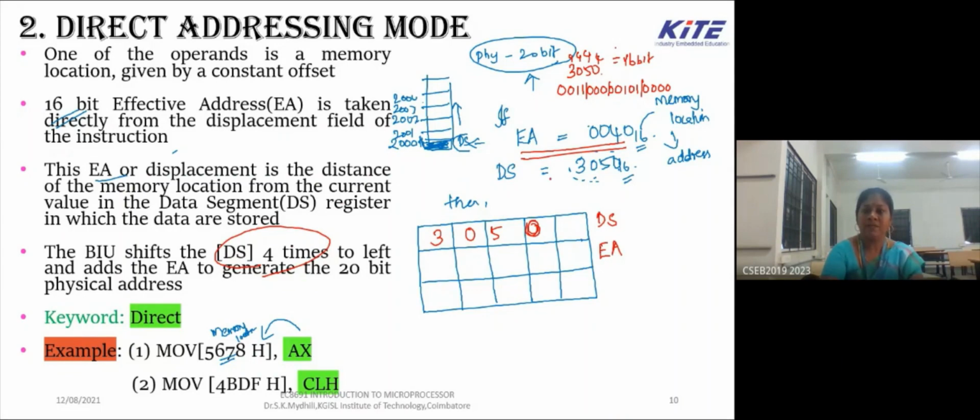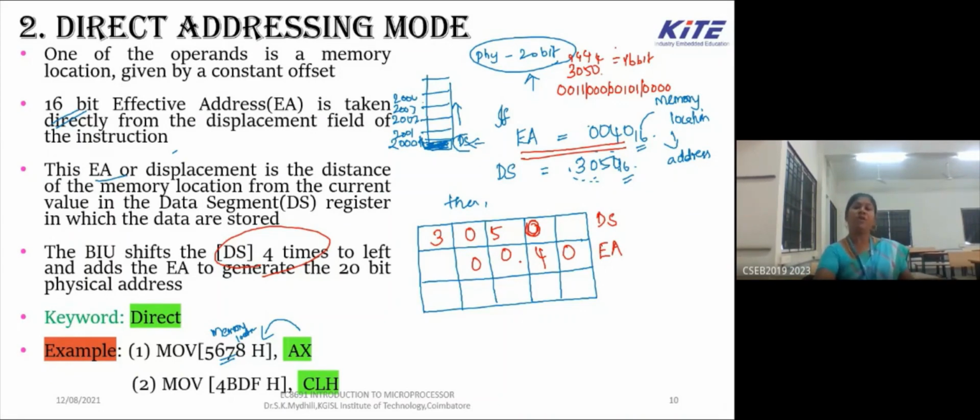So what happens with this EA is it gets shifted 4 times, like a rotate operation. Each bit is shifted 4 times, so it comes like this, 0040.